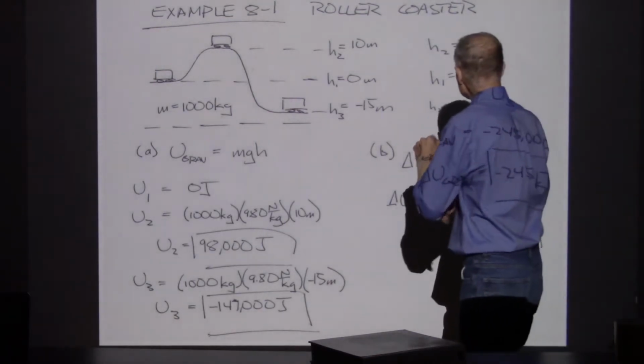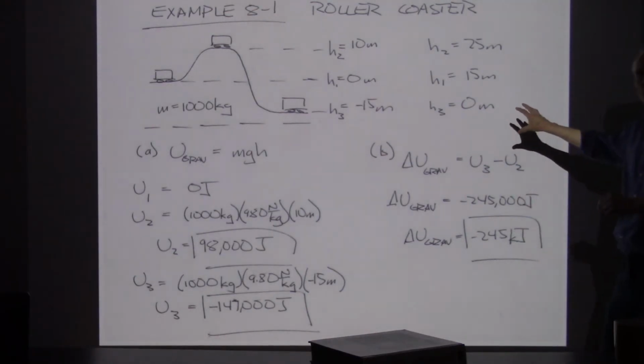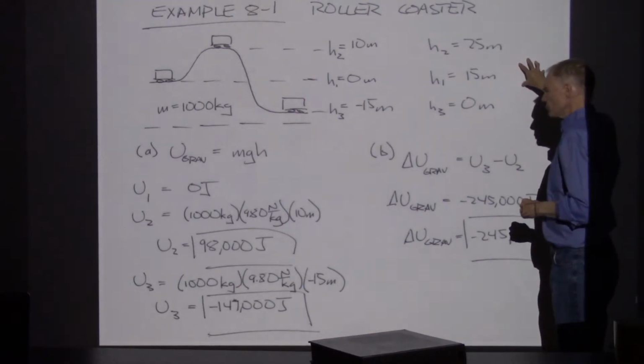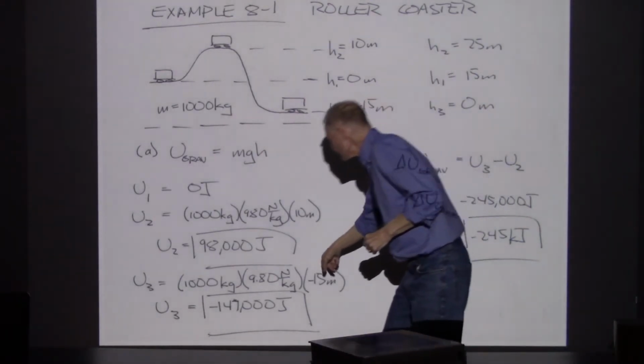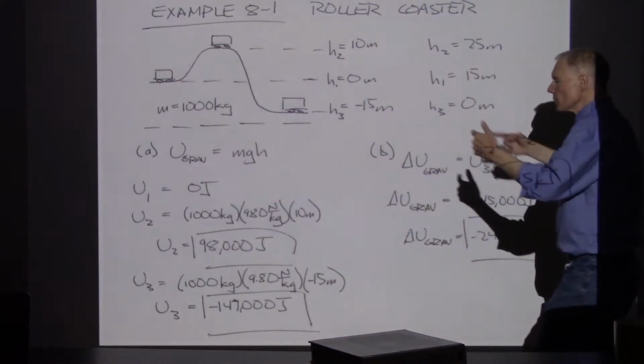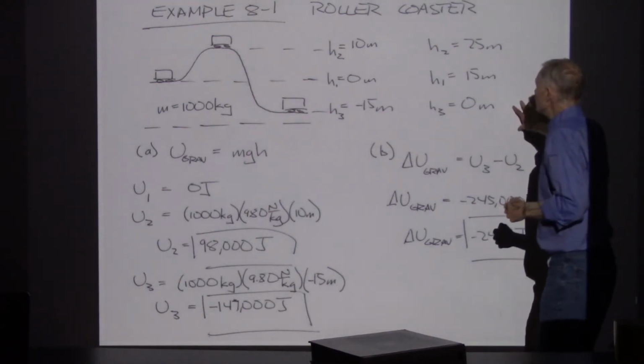In this case, it would be the potential energy at point 3, which is 0. And then by the time we have climbed 15 meters, a 15-meter climb would require plus 147,000 joules. So this would be 0.